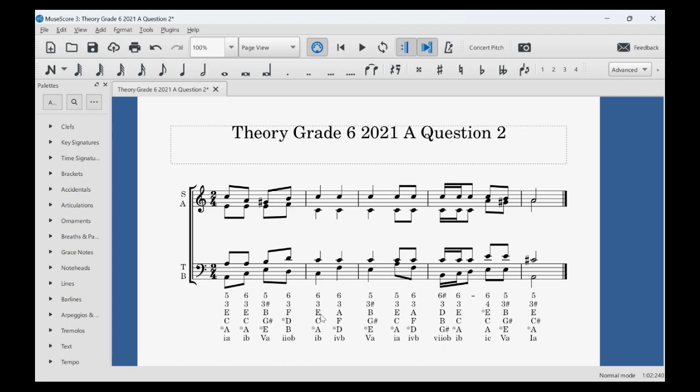A, C, E, chord 1B, we double the A, so we already have the C. We can move this to E. So we have C, E, this is more than an octave, that's fine.